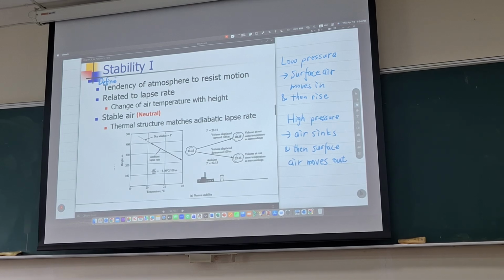So this means the tendency of the atmosphere to resist vertical motion, the vertical lift.